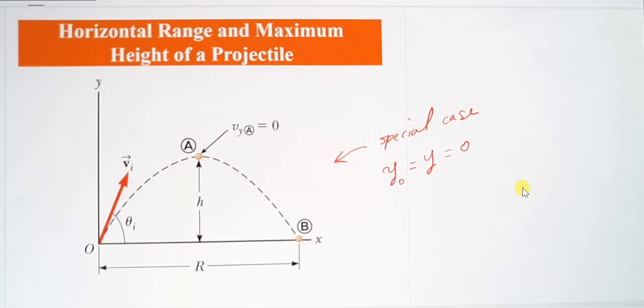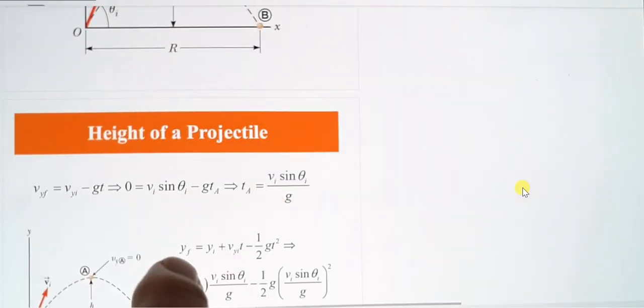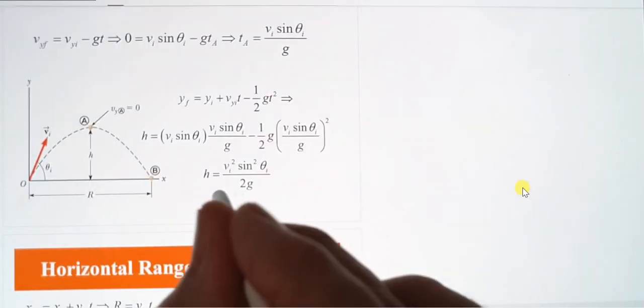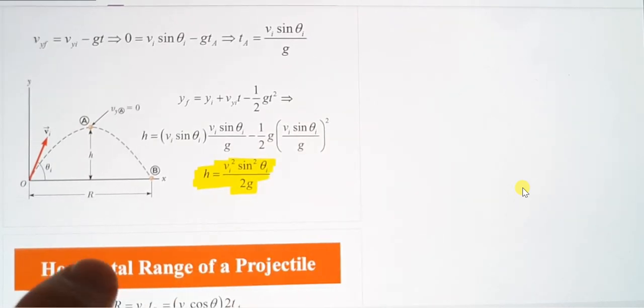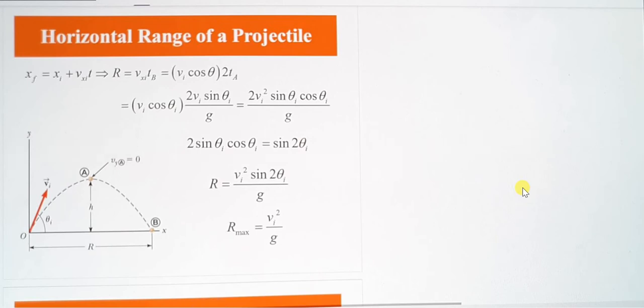So he is doing all these derivations assuming y naught equals y equals 0, and then he goes through all these derivations to reach the first equation, and then he will go through another derivation to reach the other equation.